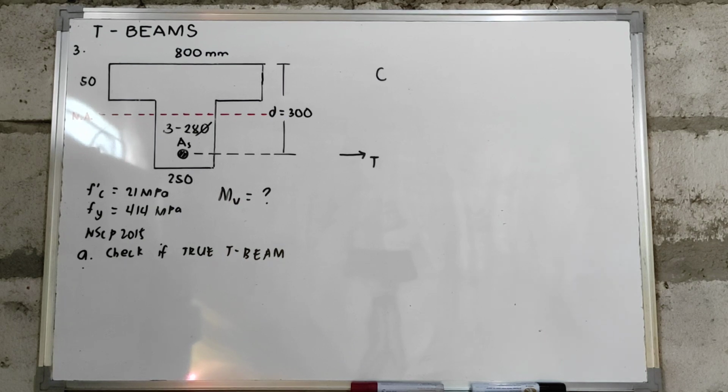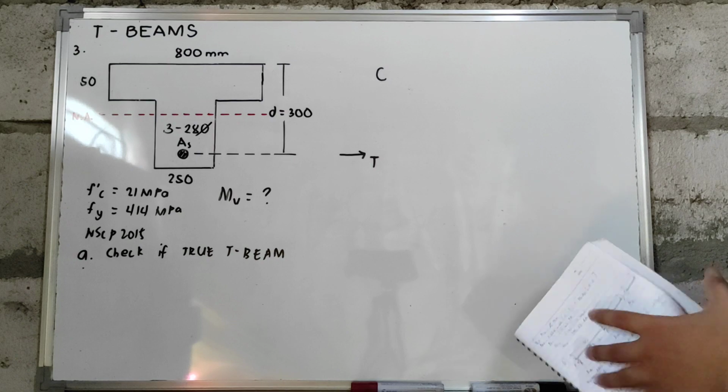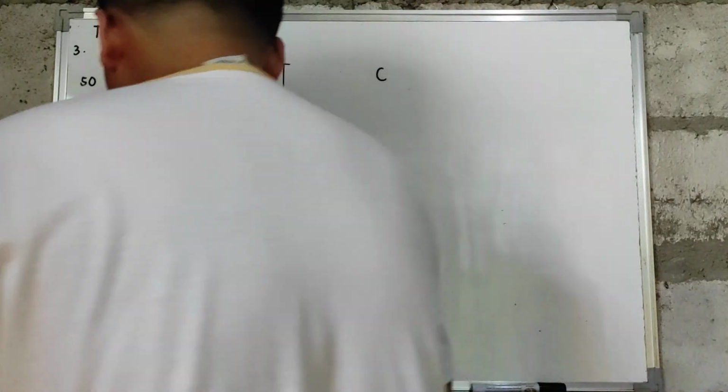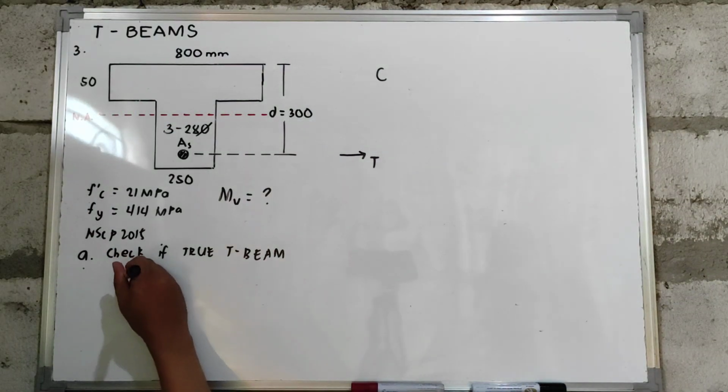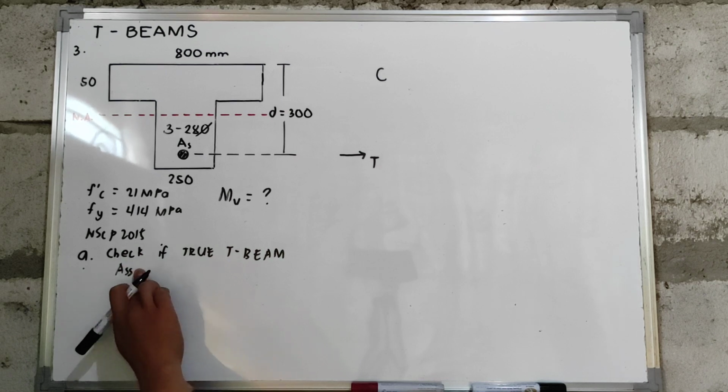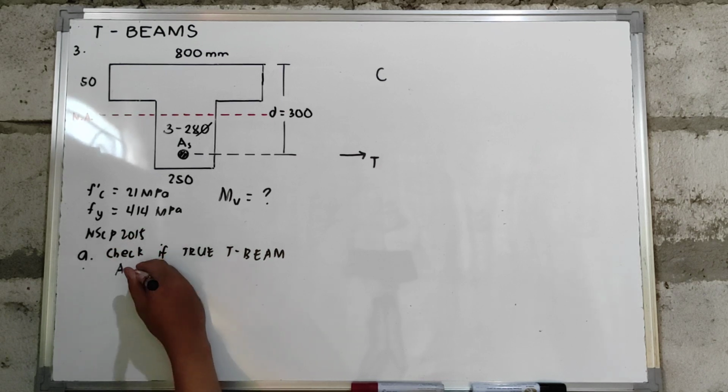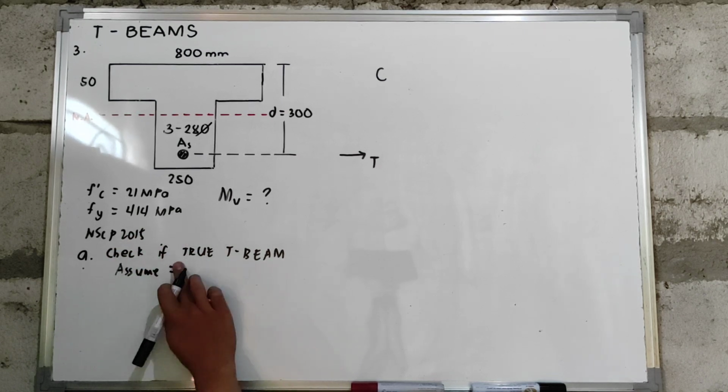So we will going to assume na yung height ng compression block natin is hanggang dun sa thickness ng flange natin. So for the next part, we're going to assume that the height of your compression block is equal to the thickness of your flange.